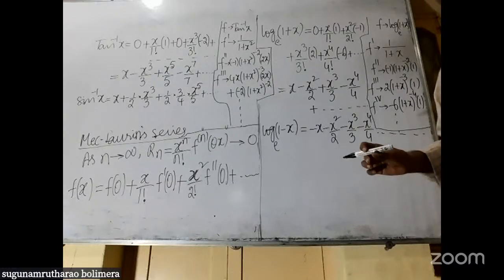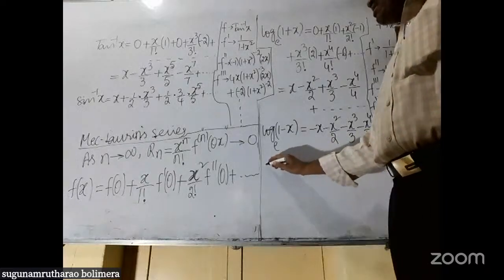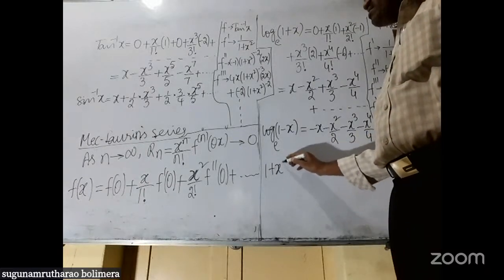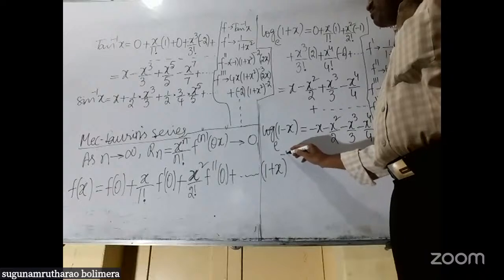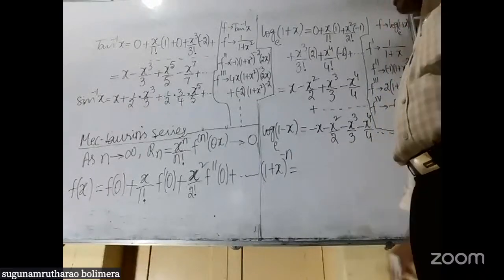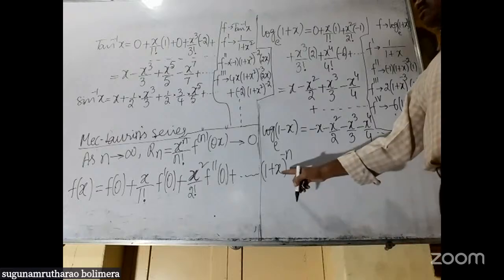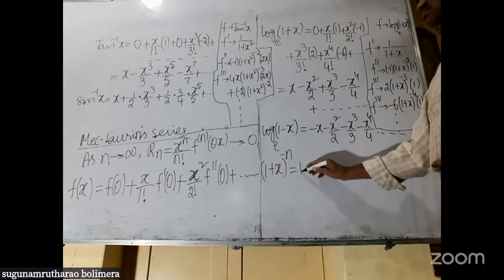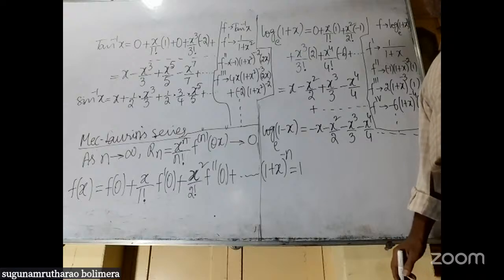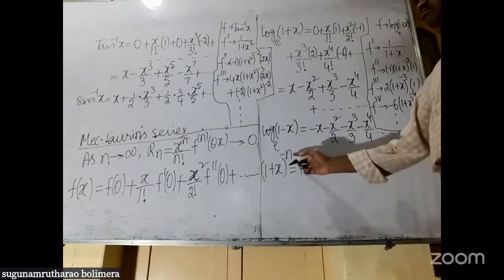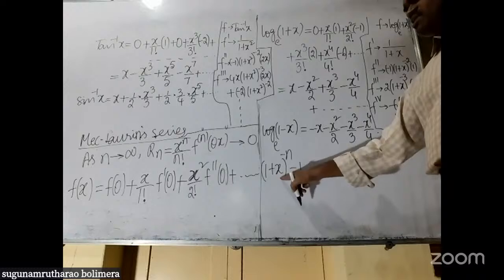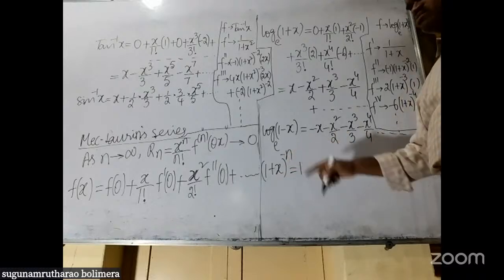In the same manner, you may write an expansion of (1 plus x) whole power minus n. Consider this as f of x. f of 0 is 1. And f dash of x is minus n into (1 plus x) whole power minus n minus 1.